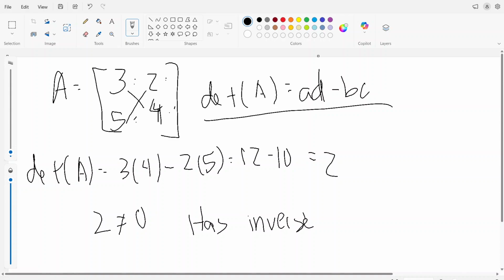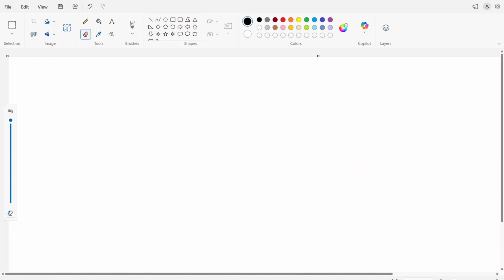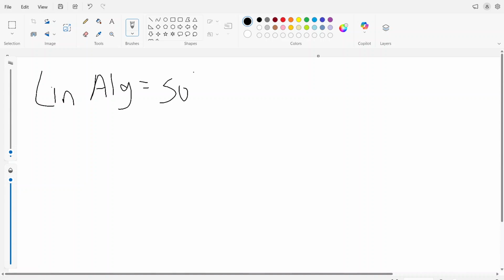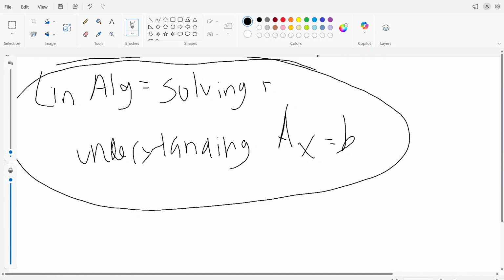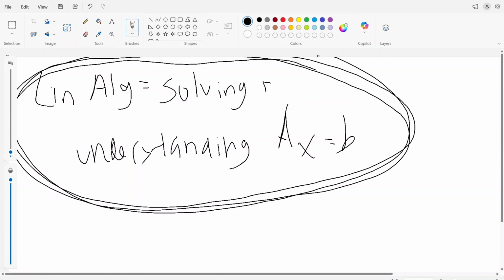So now we went over the 4 main basic things of the topic called linear algebra. We went over vectors, matrices, systems, and determinants. And I want you to think of this whole course summed up in one sentence. It's basically just solving and understanding AX equals B. This is all of linear algebra basically summed up in one equation.